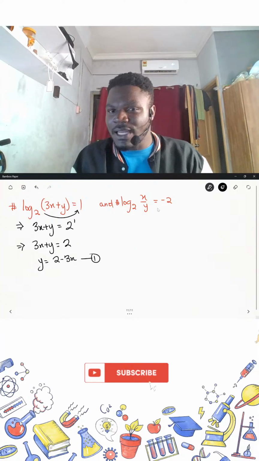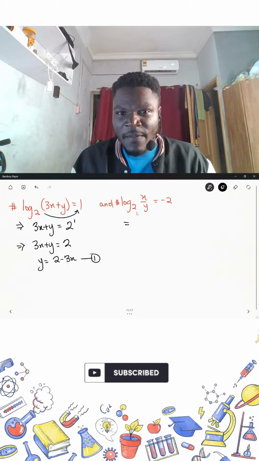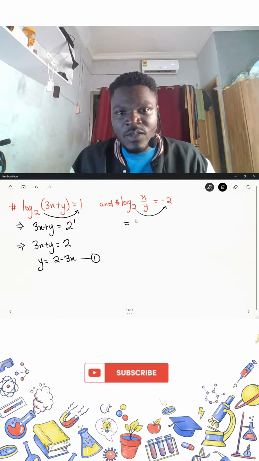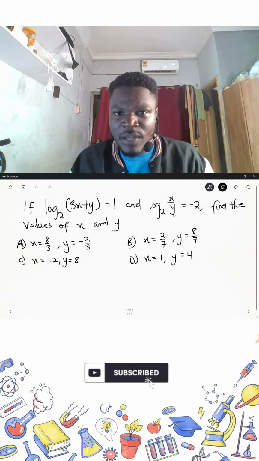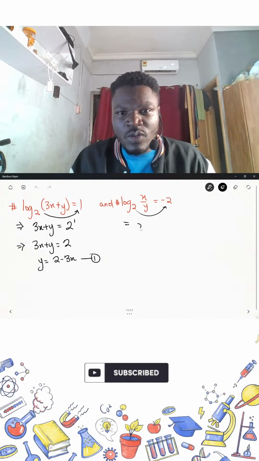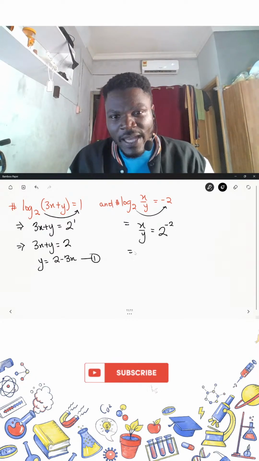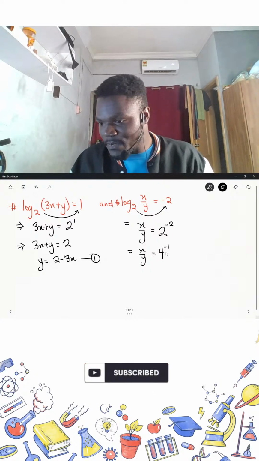Now, if I look at this second expression, I'm going to do the exact same thing to it. The base here will go and carry this as the power. It is negative 2. So x over y will be equal to 2 raised to the power negative 2, and this will be x over y is equal to 4 raised to the power negative 1.